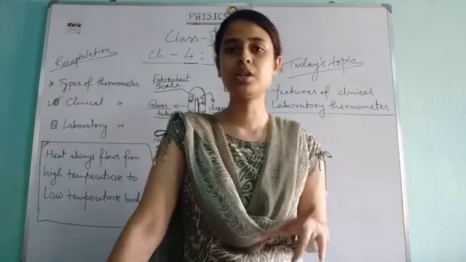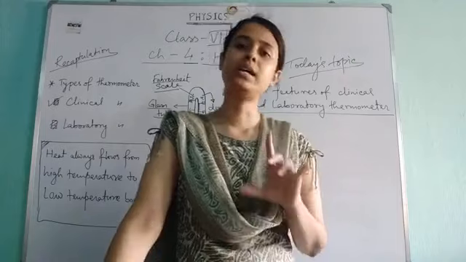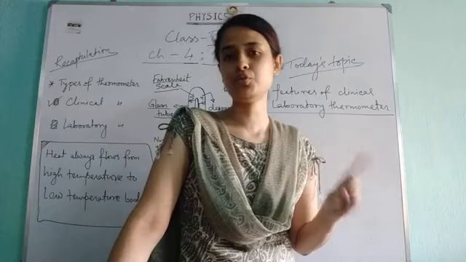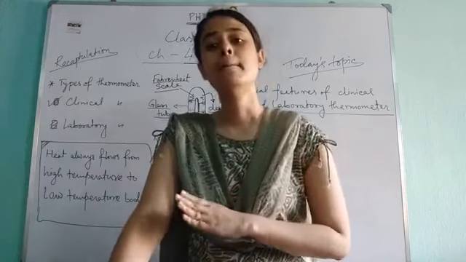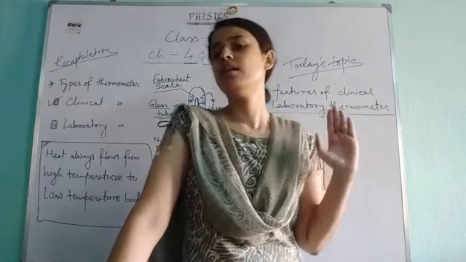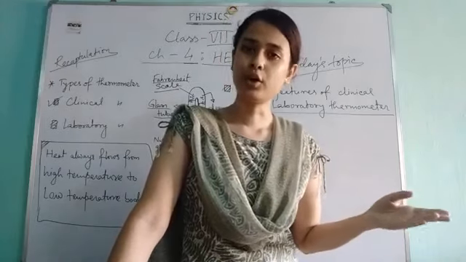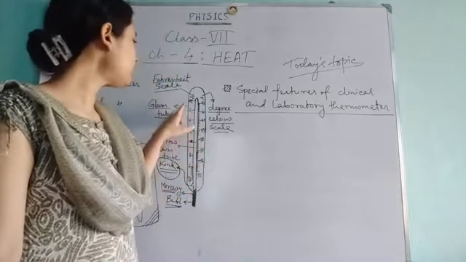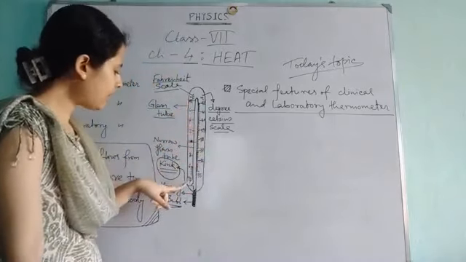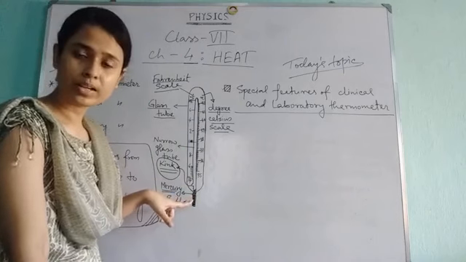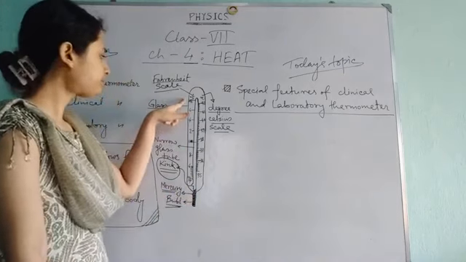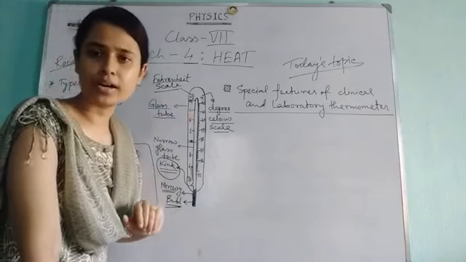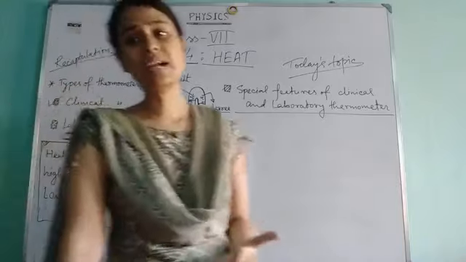So if we are talking in the degree Celsius scale, then it can measure from 35 degrees Celsius to 42 degrees Celsius. It cannot measure below 35 degrees Celsius, neither can it measure above 42 degrees Celsius. In the degree Fahrenheit scale, it can neither measure below 94 degrees Fahrenheit nor above 108 degrees Fahrenheit. Why? Because we don't need it.